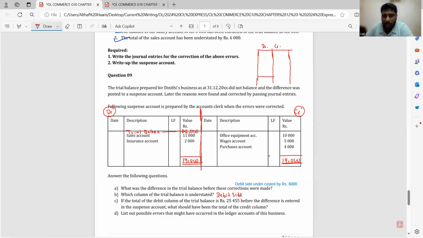You have some total here, you have some total here. Here 6,000 is missing. Here all these totals have added up to 25,455.